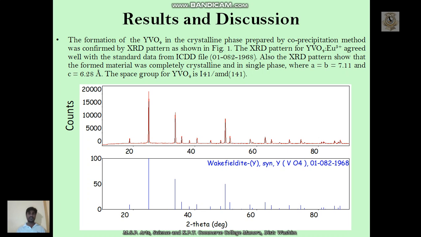Results and discussion section. This is the XRD of my material. The above graph shows the XRD pattern of our research work, and the lower part is the standard ICDD file, and we can see that our work is 100% matched with the ICDD file.